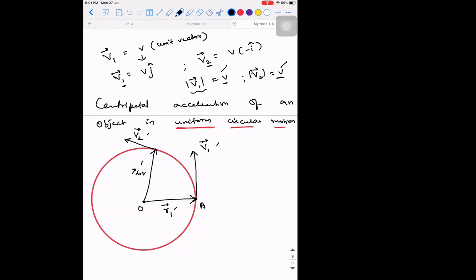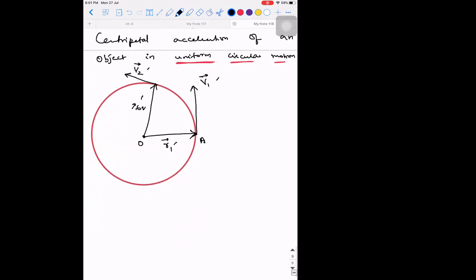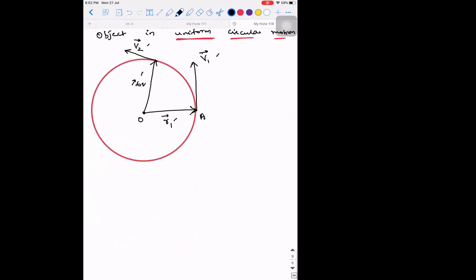Okay. Now see, I'm drawing a separate diagram. This is R1 vector. This is R2 vector. If I join it from here to here, I'm taking this as a triangle.